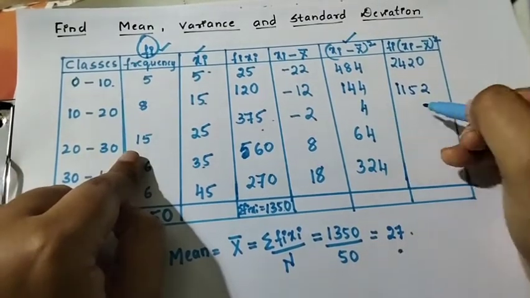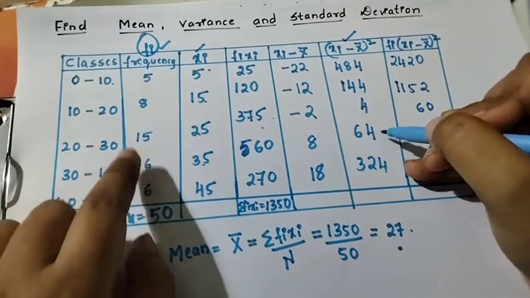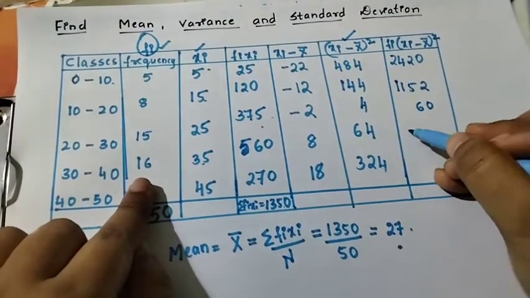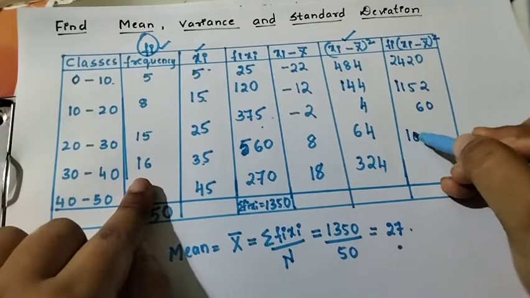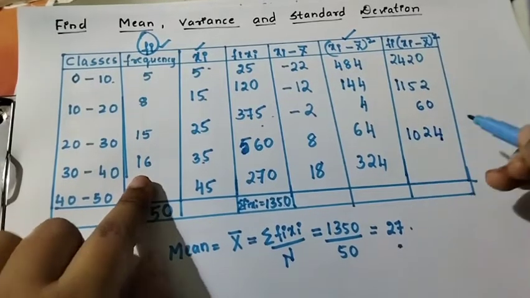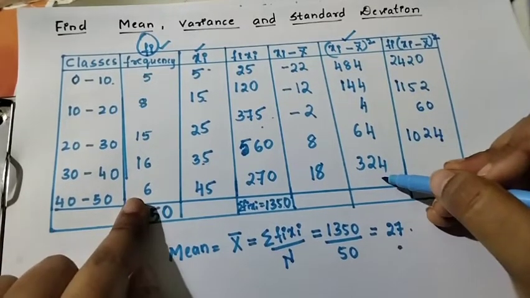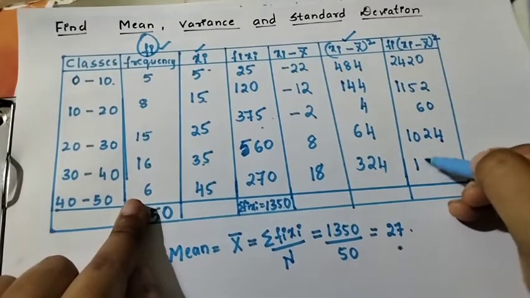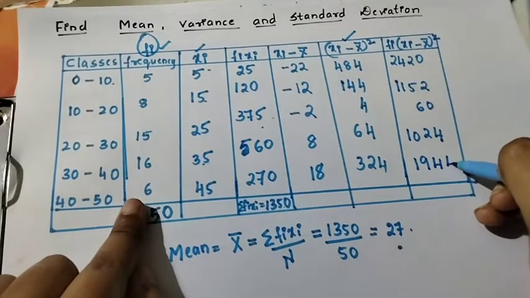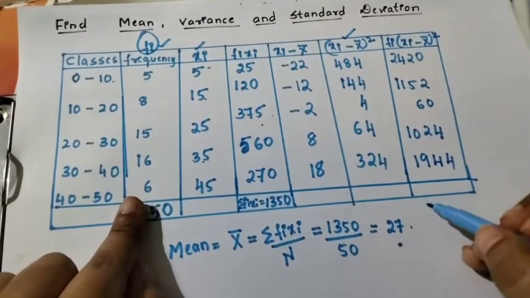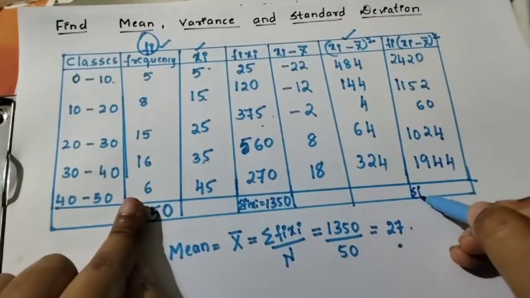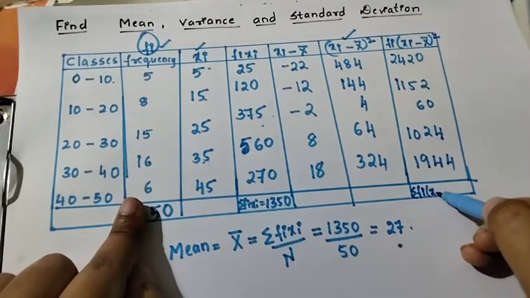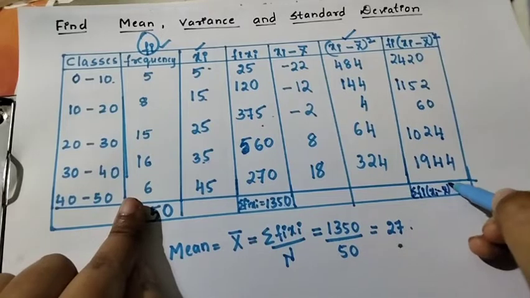Next, 4 into 15 is 60. 64 into 16 is 1024. Last, 324 into 6 is 1944. Then this will be summation fi into xi minus x bar square.